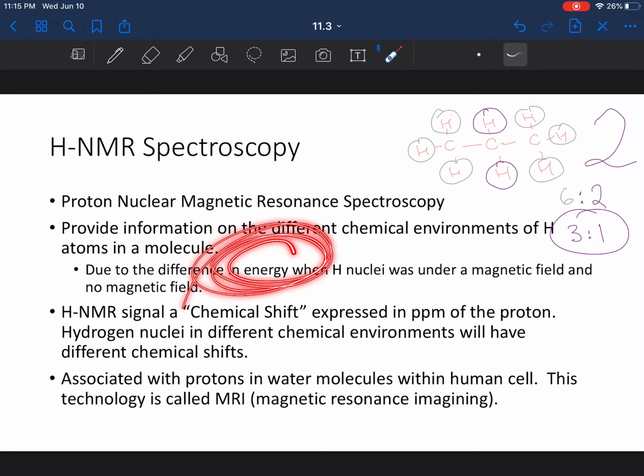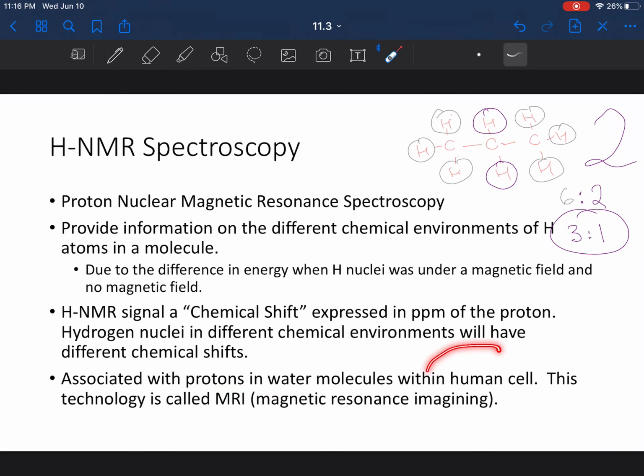The greater the amount of energy, the greater the chemical shift. And this chemical shift is measured in ppm, parts per million. Now, this is important, especially when you're looking at protons under water. Well, where do you find protons in water?